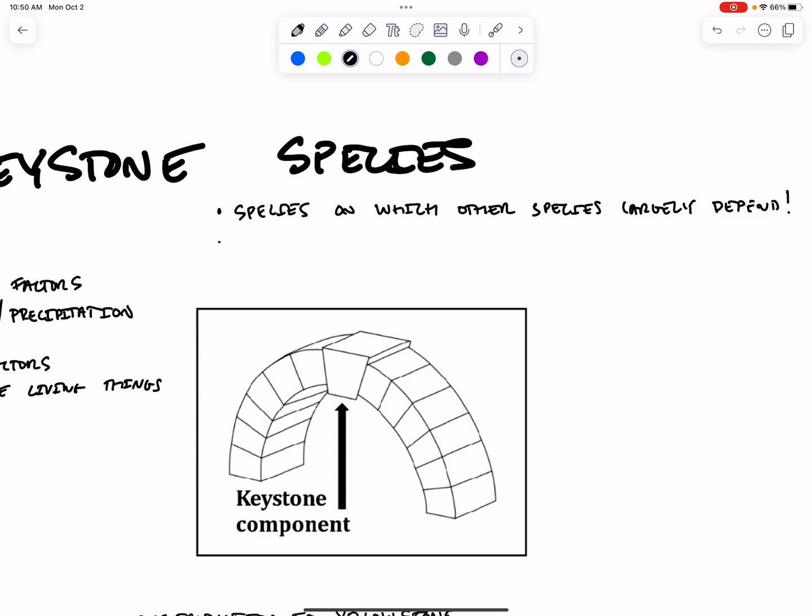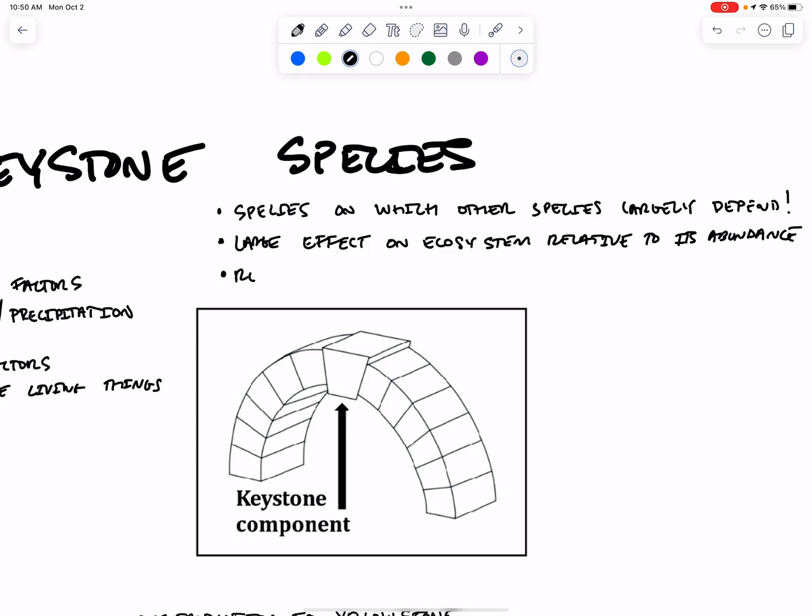It has a large effect on the ecosystem relative to its own abundance, meaning how prevalent it is in the ecosystem. And the removal of a keystone species changes the ecosystem dramatically.